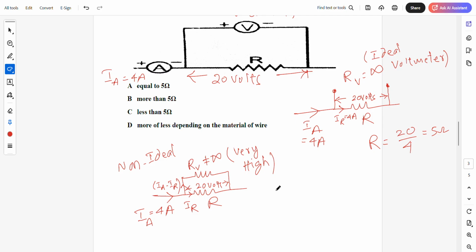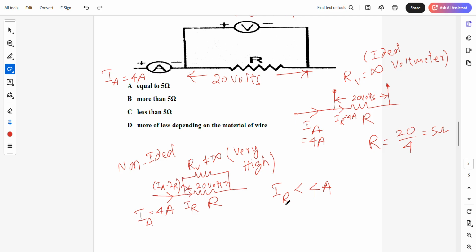Now this time, IR will obviously be less than 4 amperes, because earlier the whole current was flowing in resistor R, but this time the resistance value is R only, but the current is getting divided.